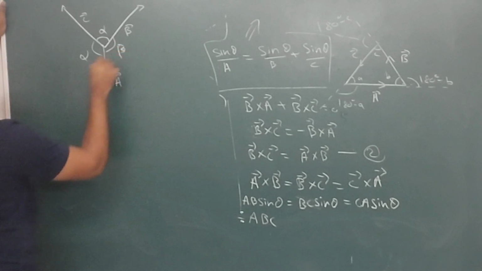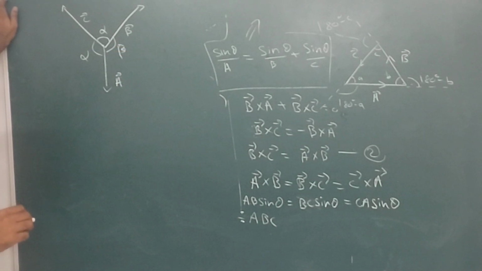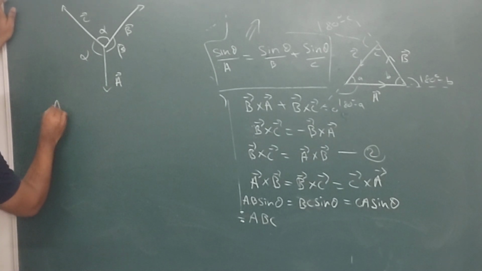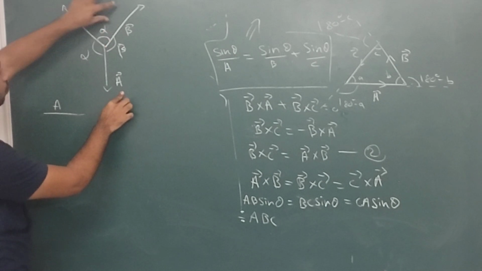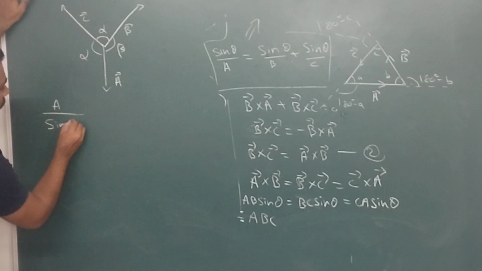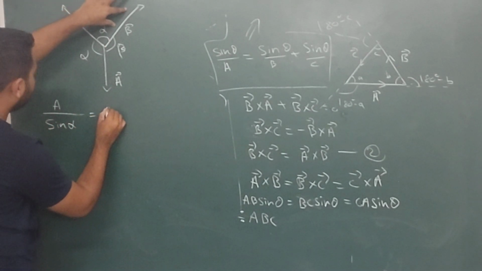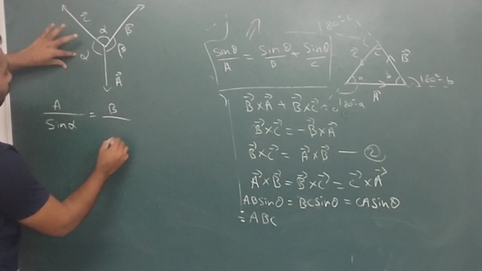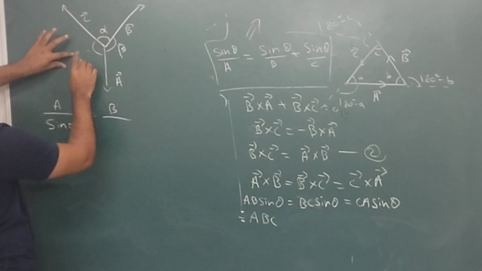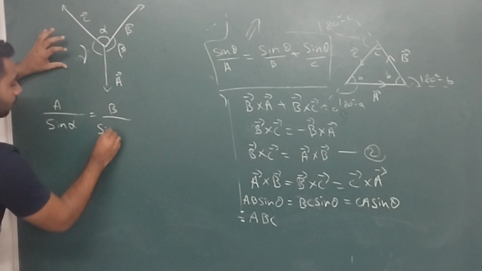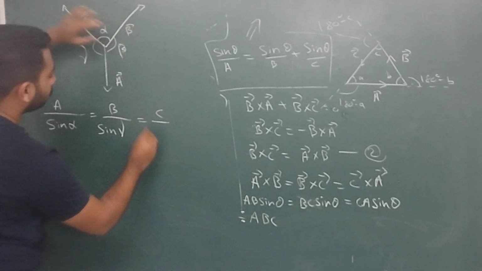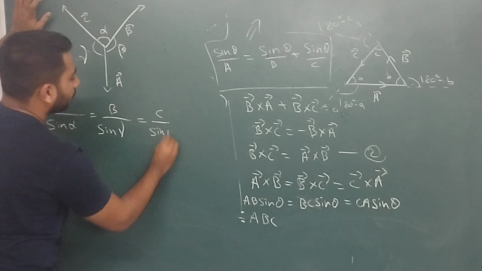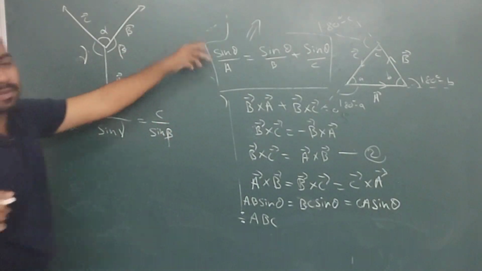Very simple. Magnitude of A over sine of its opposite angle alpha is equals to magnitude of B over sine beta is equals to magnitude of C over sine gamma. Not only gamma, you can take whatever you want. Okay, just the reverse of this.